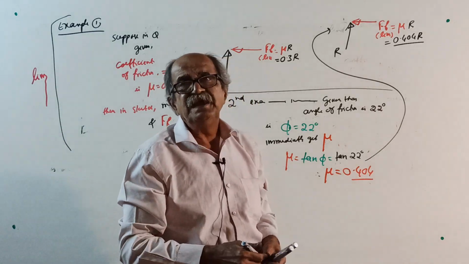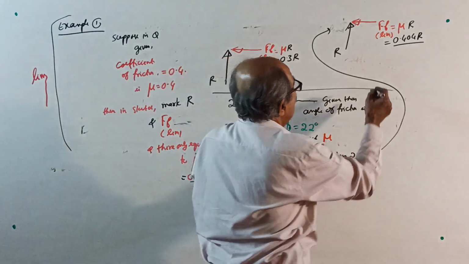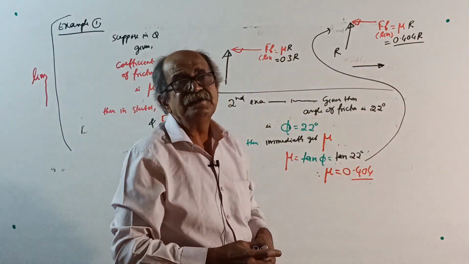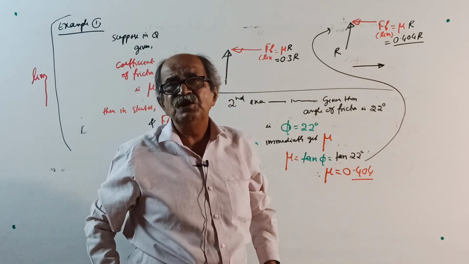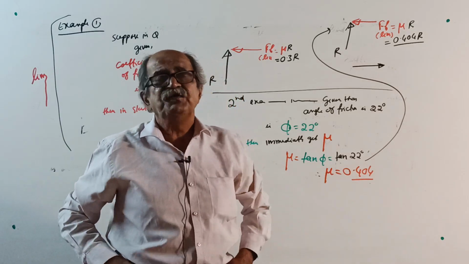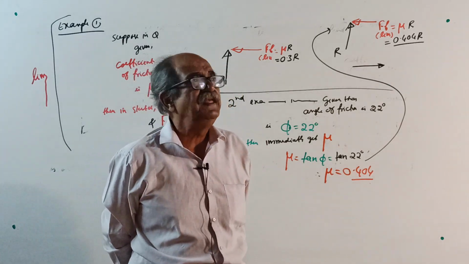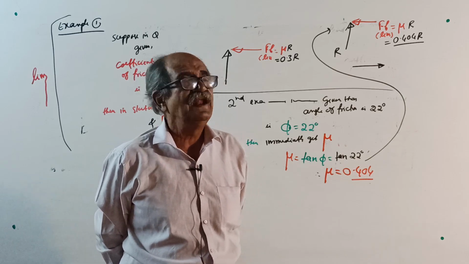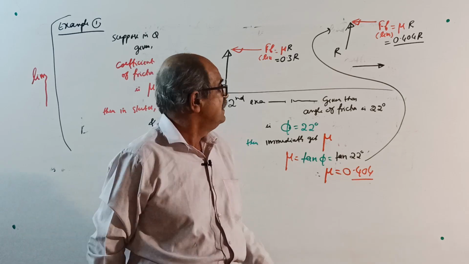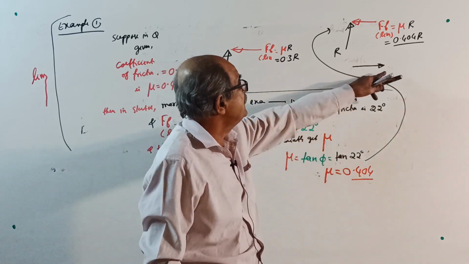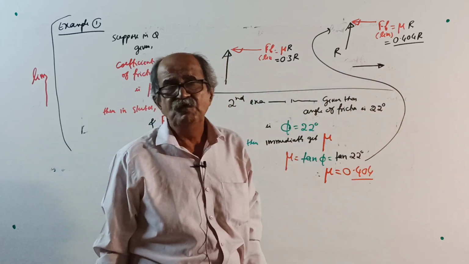So in all the questions coming up now, it hardly matters whether they give the coefficient of friction or the angle of friction. If they give the coefficient, usually they give a round number, 0.2, 0.3 like that. If they give the angle, a decimal number will come. So at least 3 or 4 decimals you will put for the mu value.